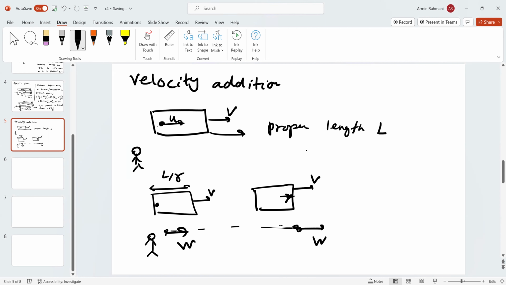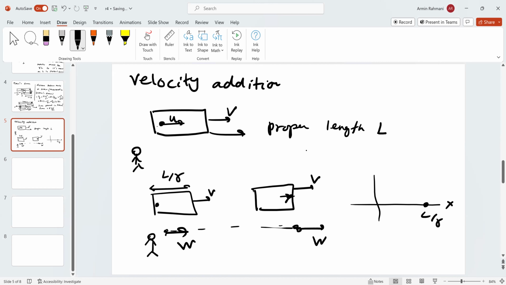The front end of the train is moving with velocity v. Initially, it's the distance L over gamma ahead. So again, if we consider some sort of a diagram here, you see this is at L over gamma.